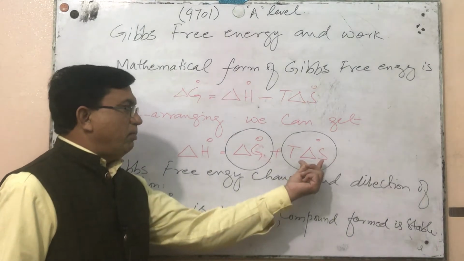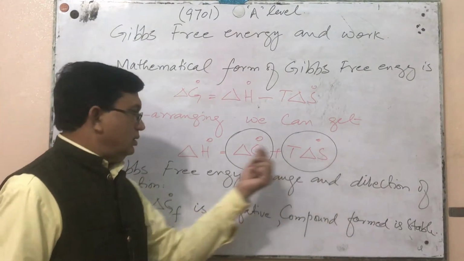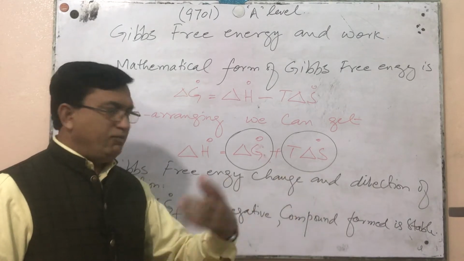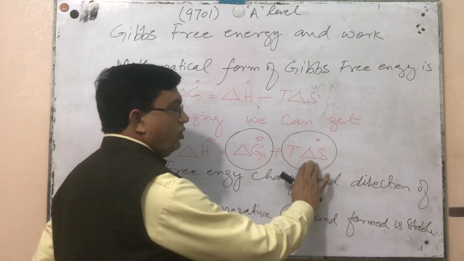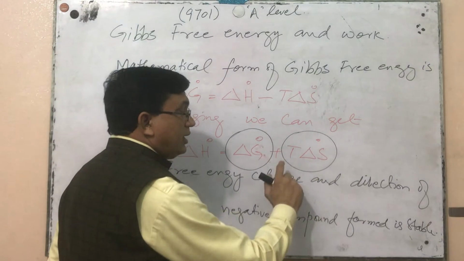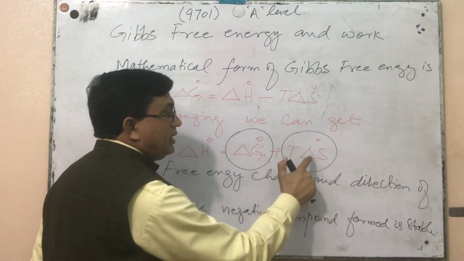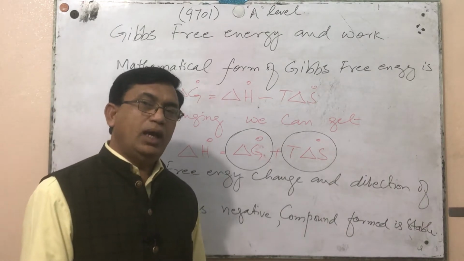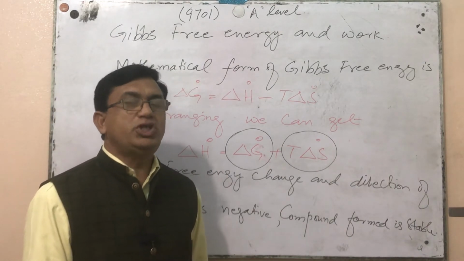That's why part of the total enthalpy change of the fuel reaction will not be available for work done, and that part is T delta S, the product of temperature and entropy change.